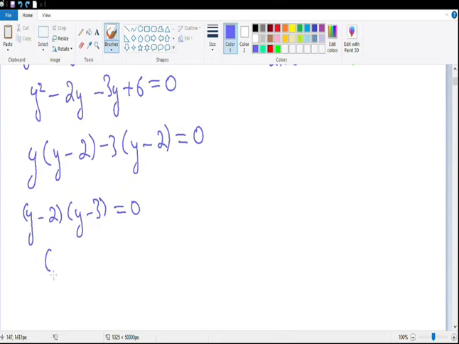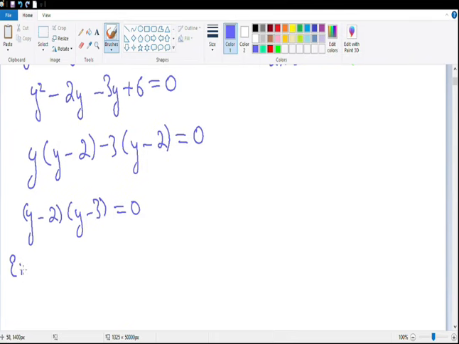So, say y minus 2 is 0, then it would multiply into y minus 3, and whenever anything multiplies with 0, it's 0. So that way we'd get 0 equals 0, and the equality would stand. The same goes for if y minus 3 was equal to 0. But we don't know which one of them is equal to 0. For this reason, we're going to let both of them equal 0.